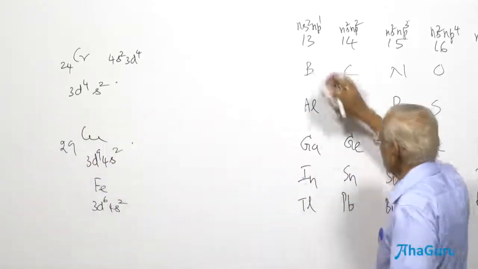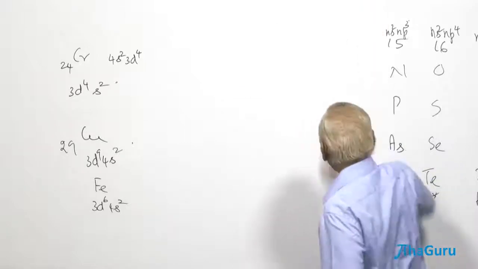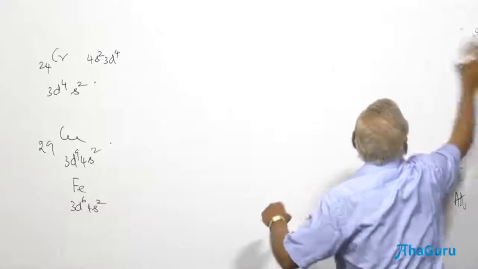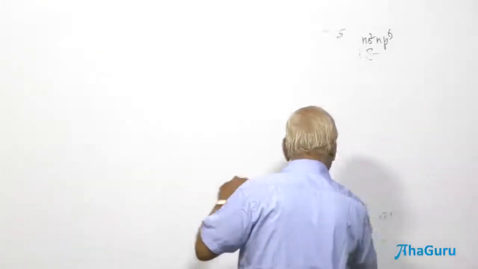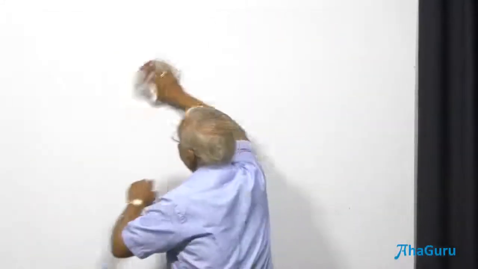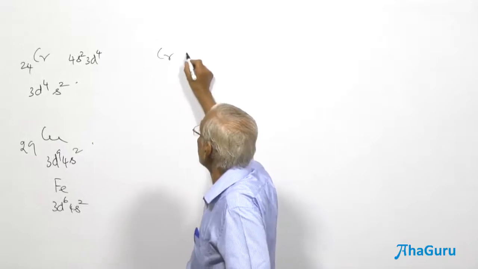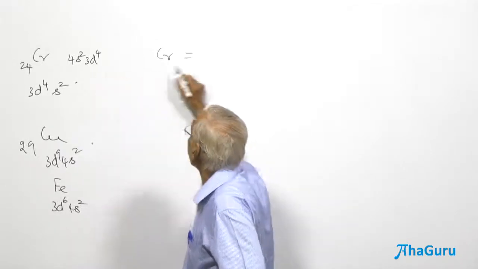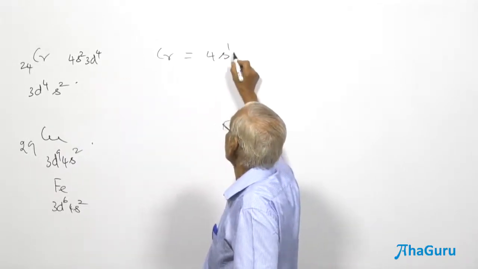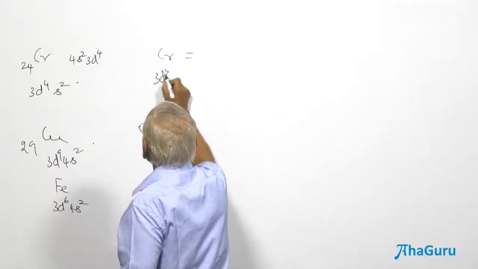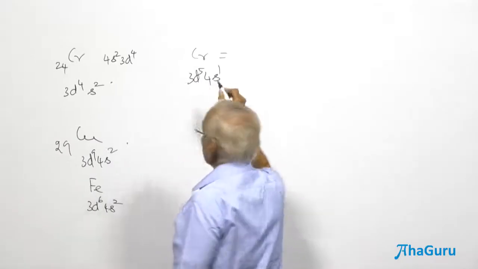Okay. Now, we are going to see the exceptional behavior of copper and chromium. The electronic configuration of chromium is going to be, instead of 4s2 3d4, 4s1 3d5, or it must be written as 3d5 4s1.